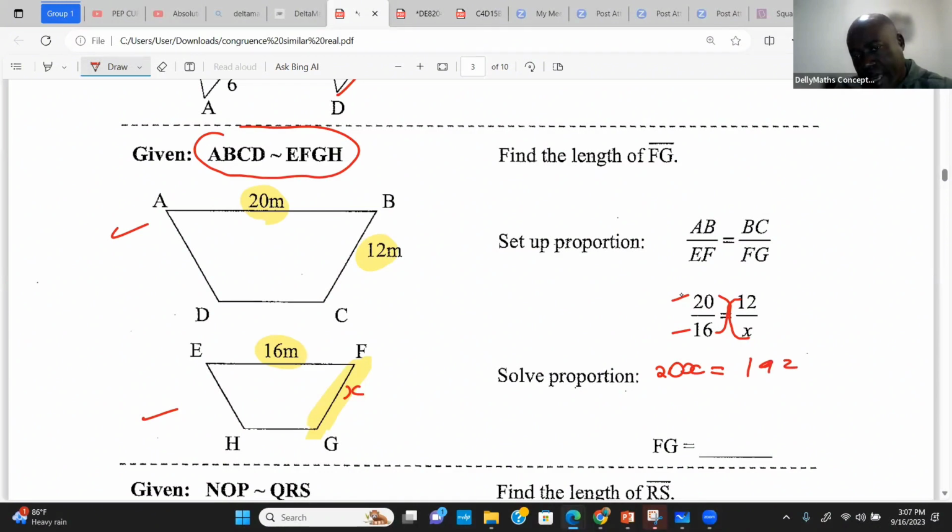So if I want to find X, which is going to be FG, I divide both sides by 20. And I'm looking at a length of 9.6 meters. So when the objects are similar, we are able to utilize the concept of the scale factor to find a missing side that corresponds with one that is given.